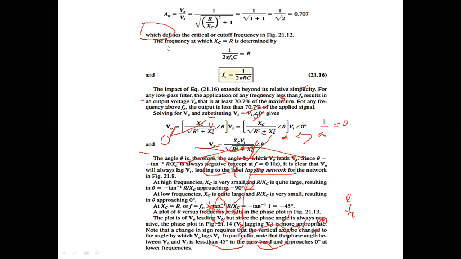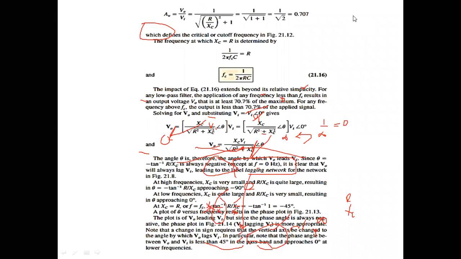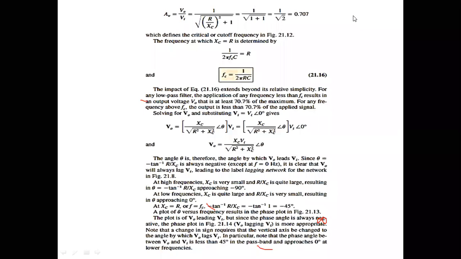Let's suppose for the critical frequency, Xc is equal to R. For the case of Xc equal to R, putting Xc and R as the same value, it will cancel out and we will get 1.